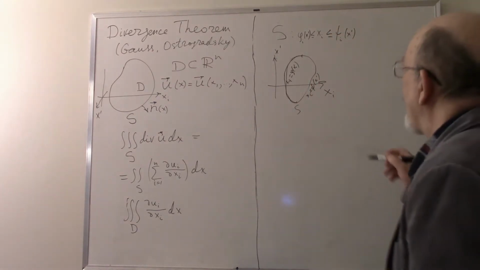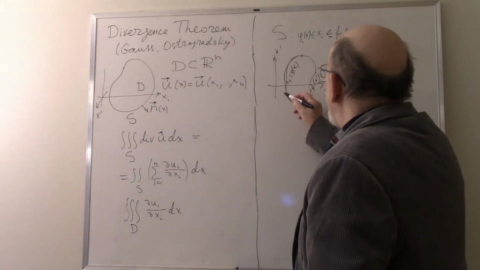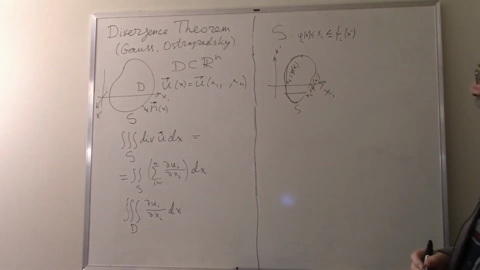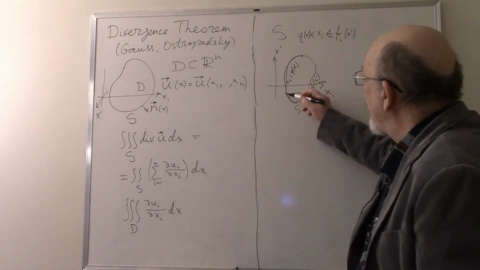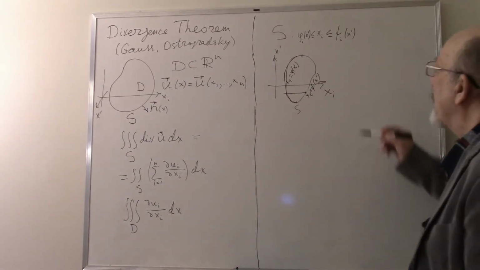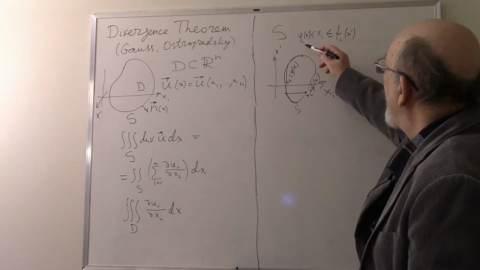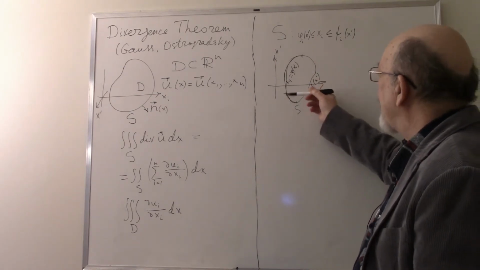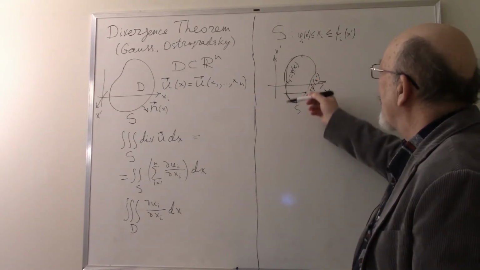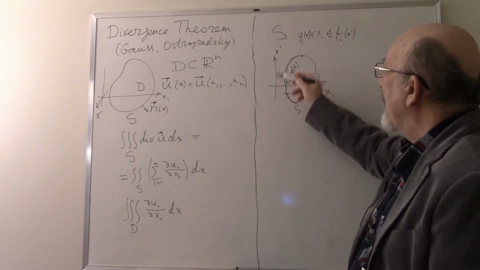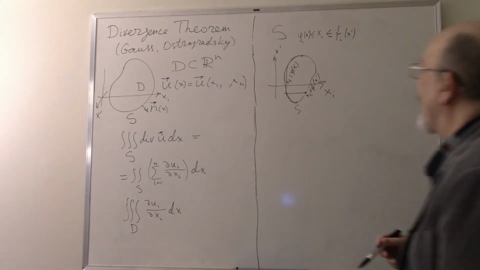Suppose that each straight line parallel to axis xi meets the surface at two points given by phi i of x prime and psi i of x prime, within the projection of this surface on the x prime plane.